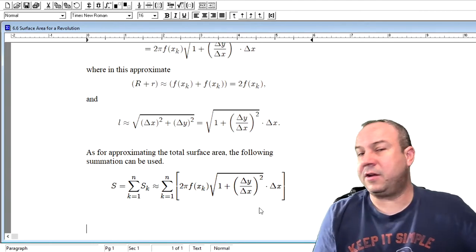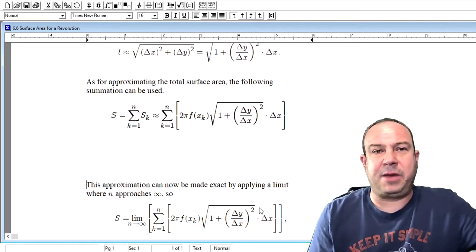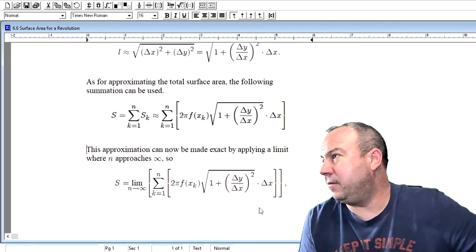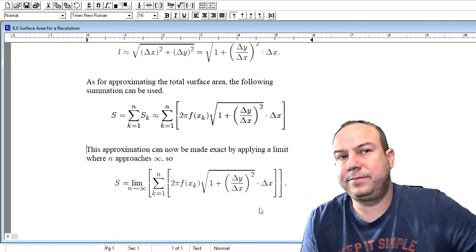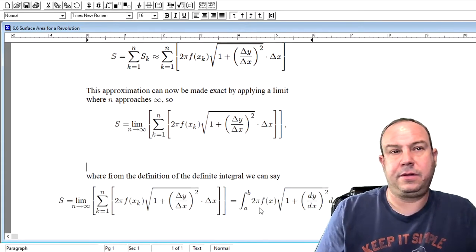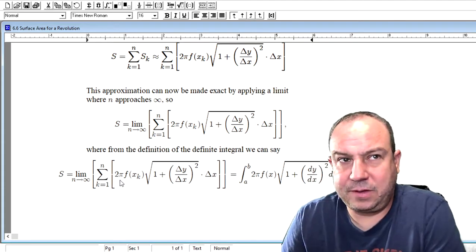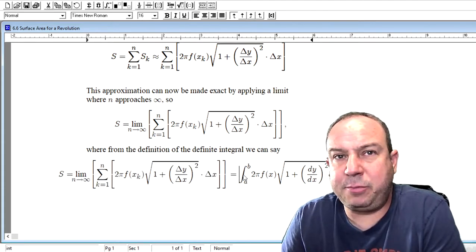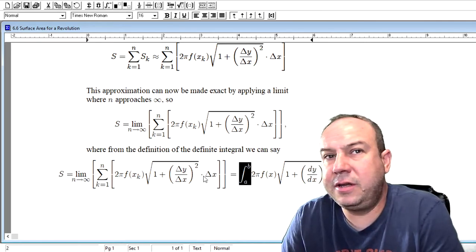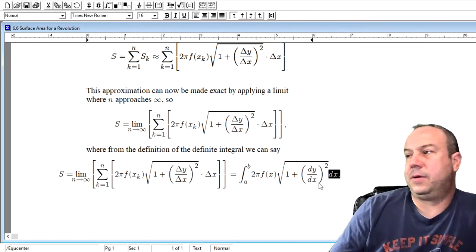We saw that in our proofs, and this is our summation there, where that approximation can be made exact by then applying a limit. And when we apply a limit to this, we can then apply the definition of the definite integral, where the limit of the summation becomes the process of integration. That integration is going to happen with respect to x in our calculation here, folks.